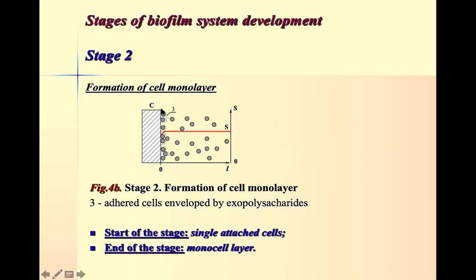Exopolysaccharides are sticky substances that envelop the cells so that they can easily settle and stay stably on the surface. So formation of cell monolayer is the characteristic feature of stage 2.